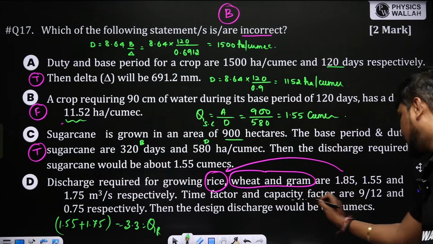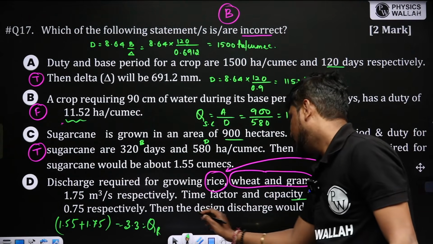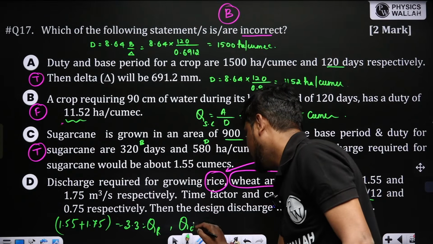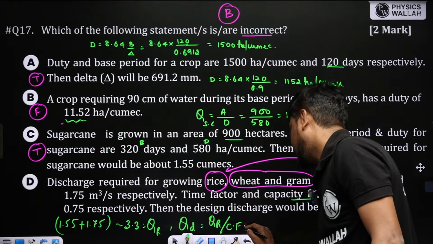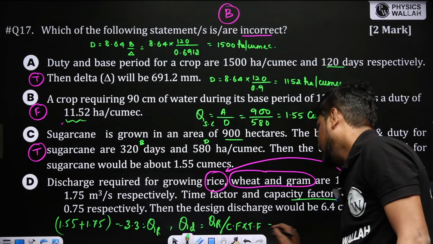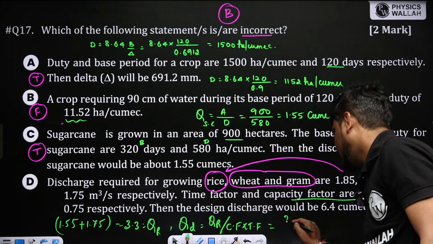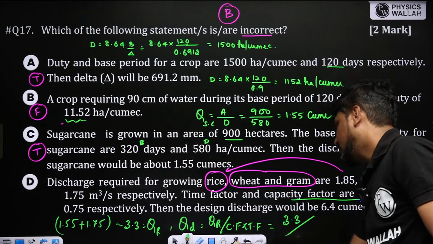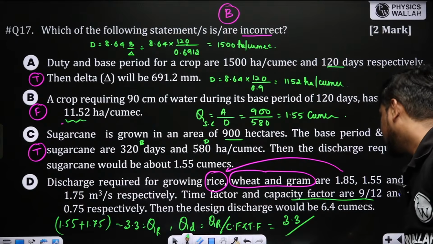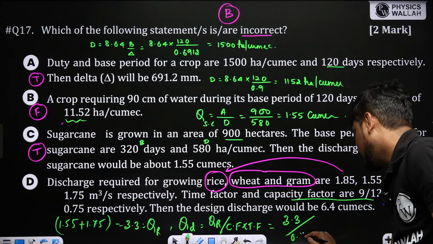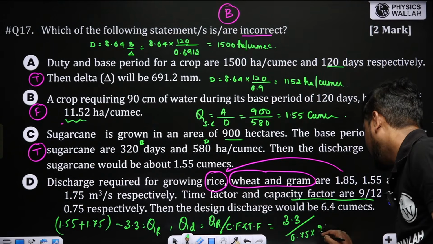Time factor and capacity factor are given. Then the design discharge QD is equal to QR divided by capacity factor into time factor. QR 3.3 divided by capacity factor and time factor, 0.75 into 9 by 12.